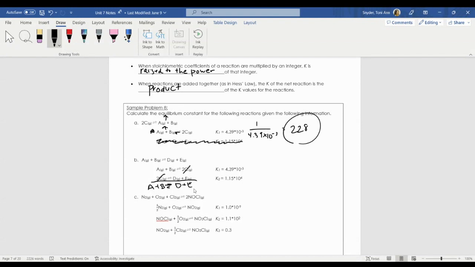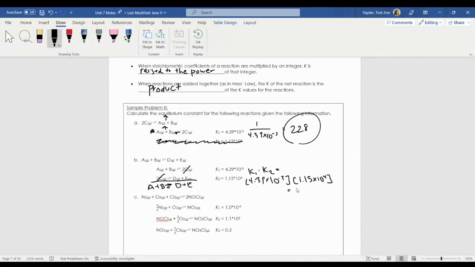When I add two reactions together to get the new equilibrium constant, I have to multiply these by one another. So my value for K1 times my value for K2 is going to give me the new value of the total equilibrium expression. So I would take 4.39 times 10 to the negative third times 1.15 times 10 to the fourth.